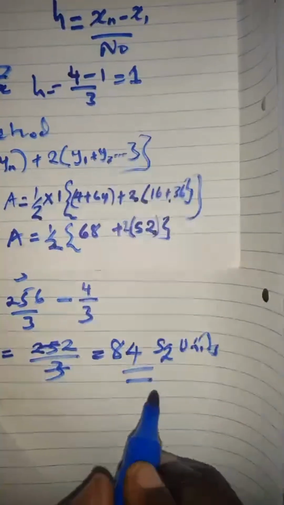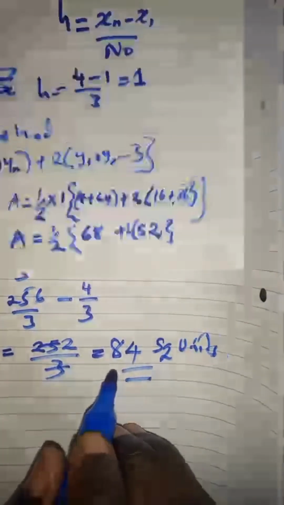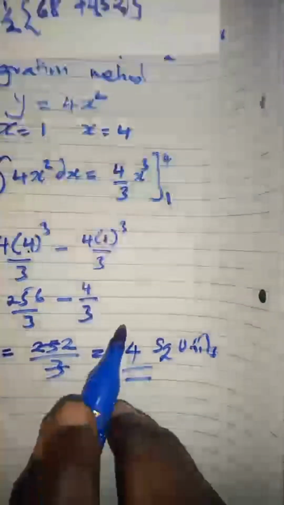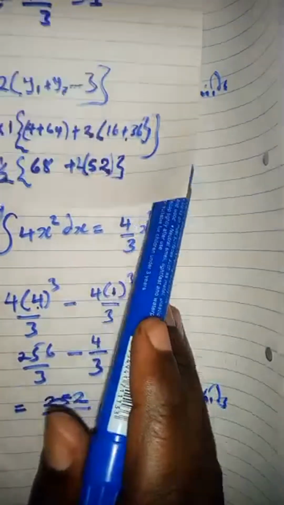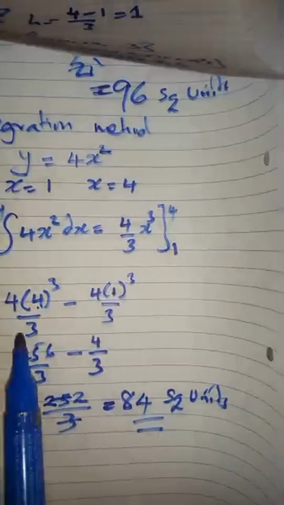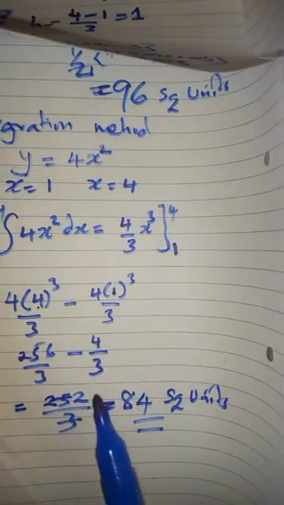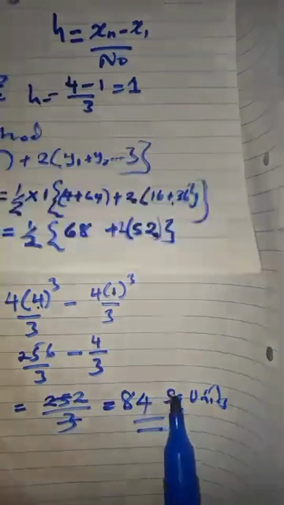So you realize that using the trapezoidal rule, we got our area as 96 square units. And now using the integration method, our answer is 84 square units.